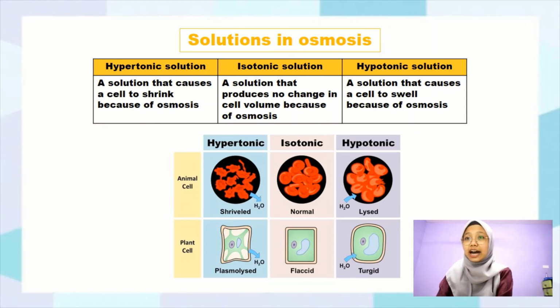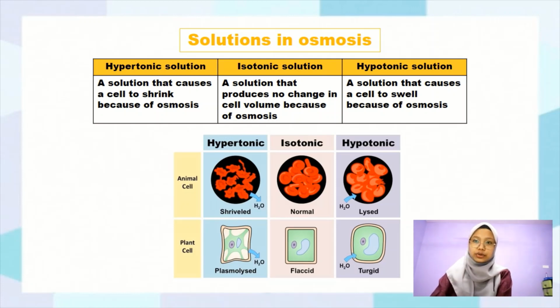First, the hypertonic solution. It is a solution that causes a cell to shrink because of osmosis. Second, the isotonic solution. A solution that produces no change in cell volume because of osmosis. In a simple way, we can say that an isotonic solution is in an equilibrium state.